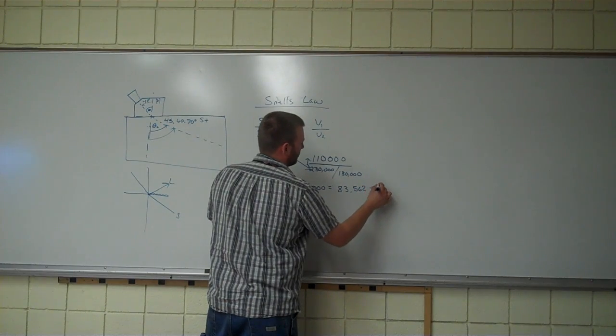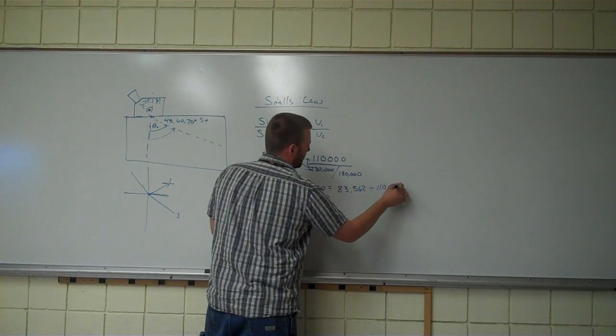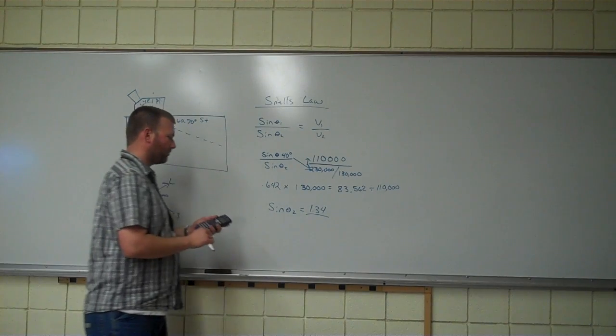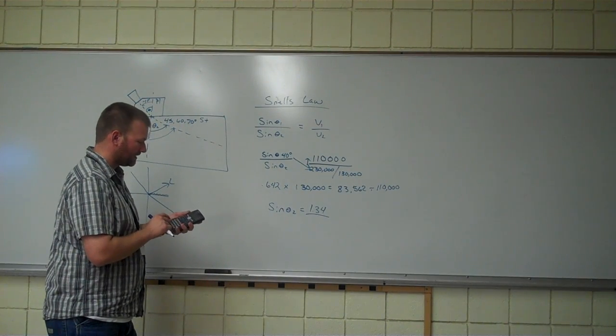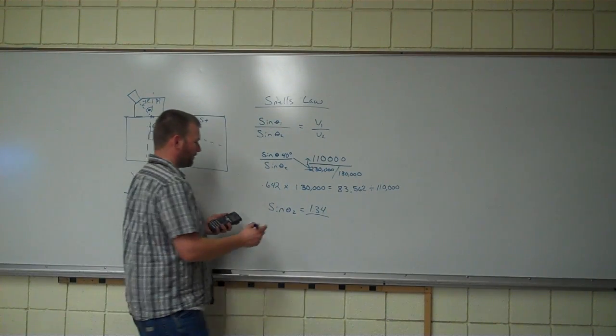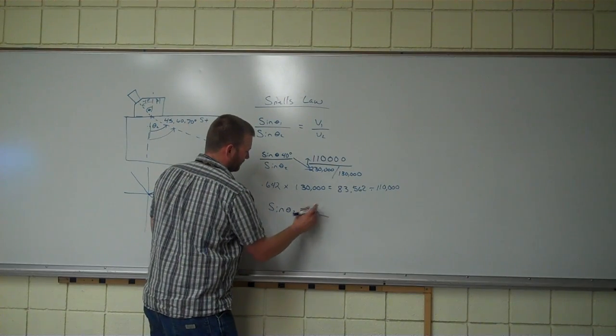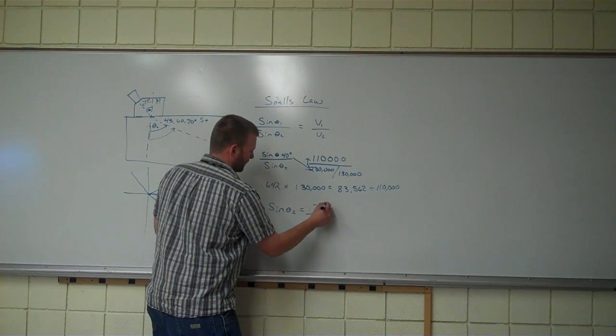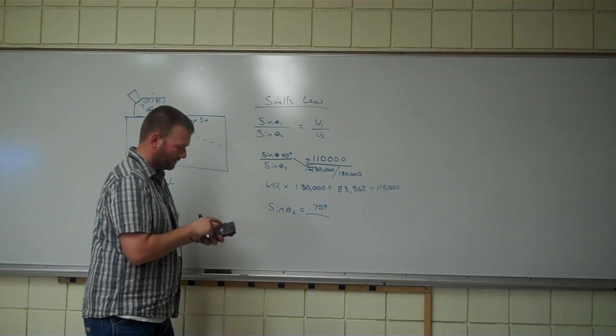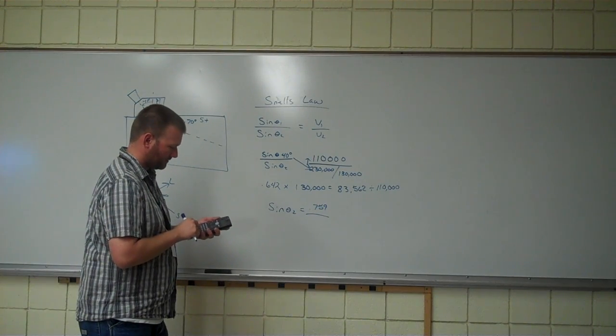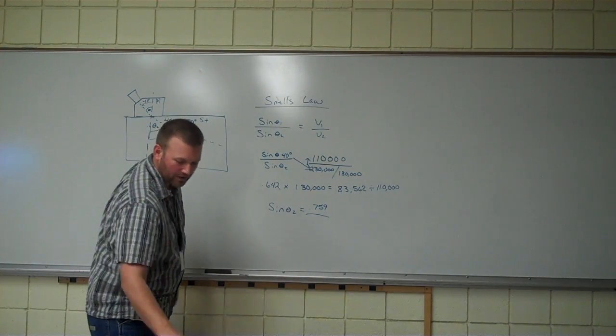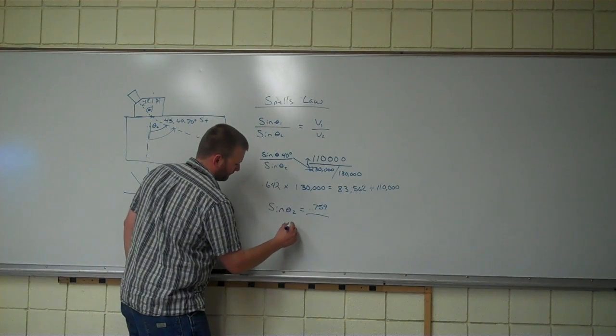It's 83,562, and that's going to be divided by 110,000, and not 1.34 like I had it written before. So divide that by 110,000, and I come up with 0.759 now. Less than 1, we know it's going to be an angle. Inverse sine, I've got 49.43 degrees.